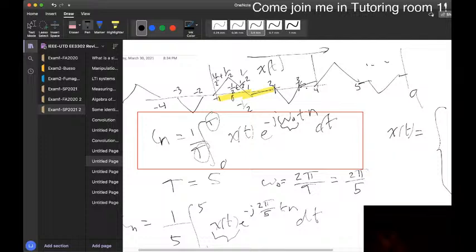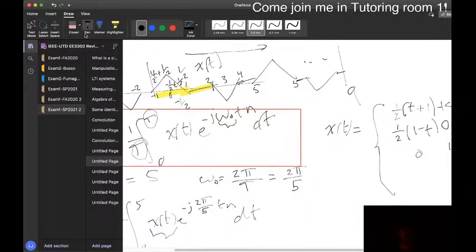Wait, let me look at my problem. So I made a mistake. This one's supposed to be periodic, so this one's actually 4, 3, 5. Wait, does that change our fundamental period? It does. So it's 6. From -1 to 5 is 6.